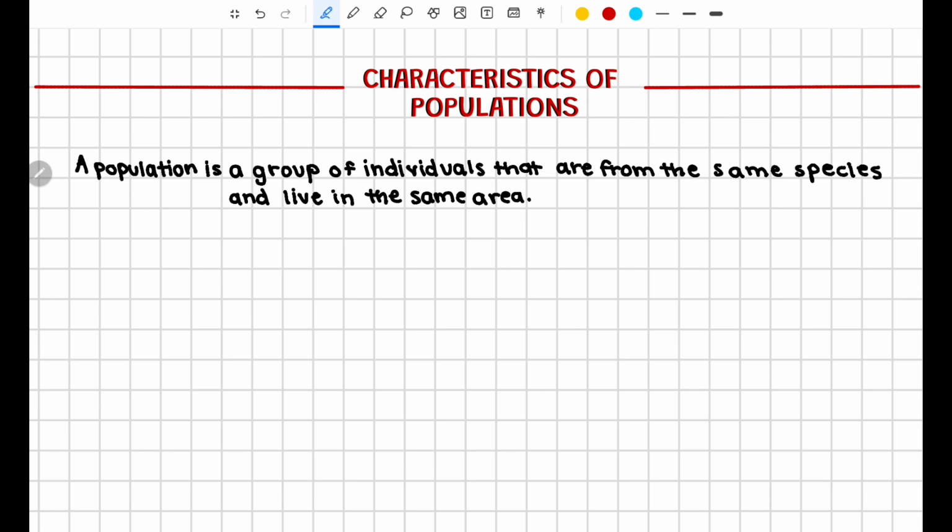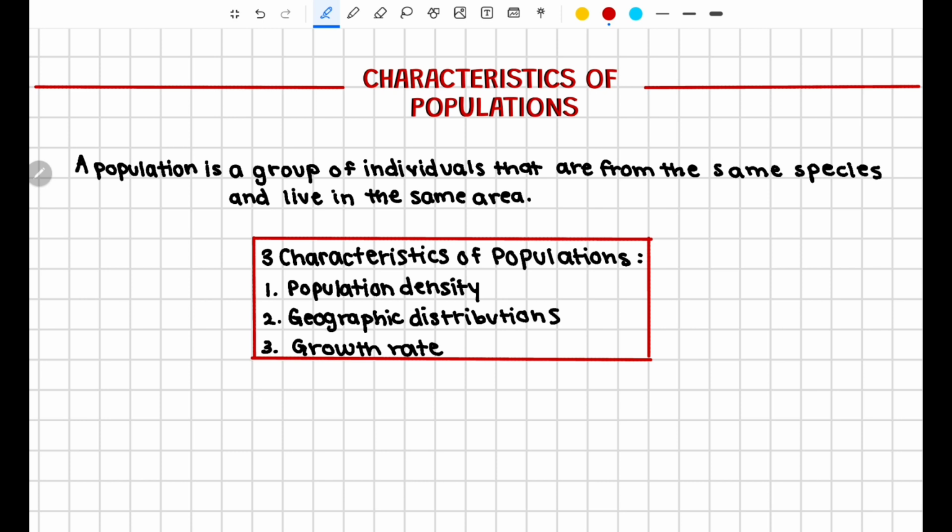Alright, so now that we have a quick recap, a good understanding of the definition of a population and the levels of organization, now we're going to be talking about characteristics of populations. Today we will be discussing 3 important characteristics, although there is one more that we aren't going to go into detail currently.